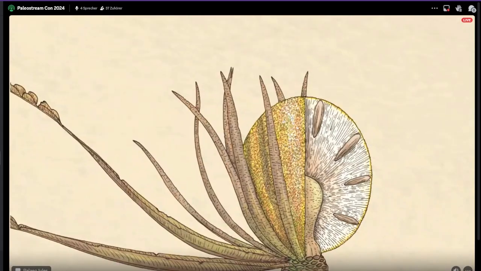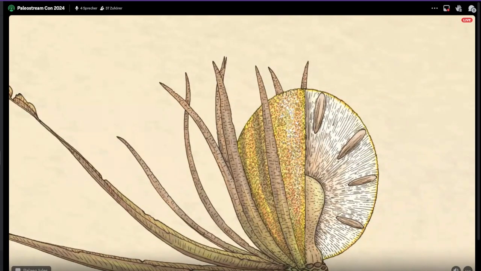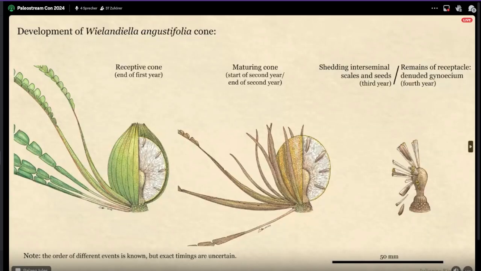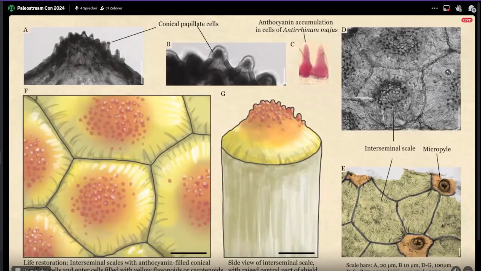An interesting thing, we might potentially be able to tell some of their colour. So a lot of flowers have papillate cells which are filled with anthocyanins, which create pinks, reds, oranges, those kinds of colours. And they're concentrated in these cells because as the light enters them, they're basically refracted out and they become really bright.